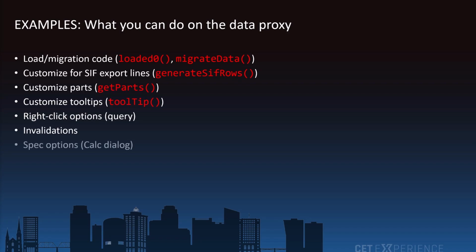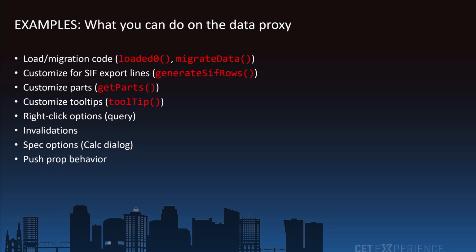I can add invalidations. I can customize spec options, and by spec, in this case, I mean the method spec options, which feeds the calc dialog. So basically, what are all the rows you're going to have, and how are they populated?